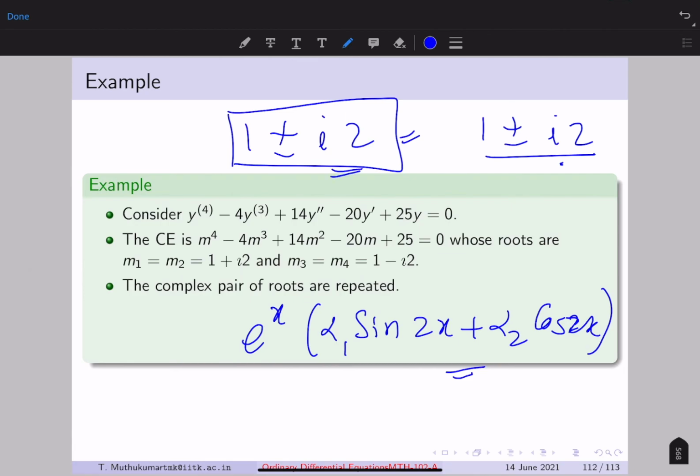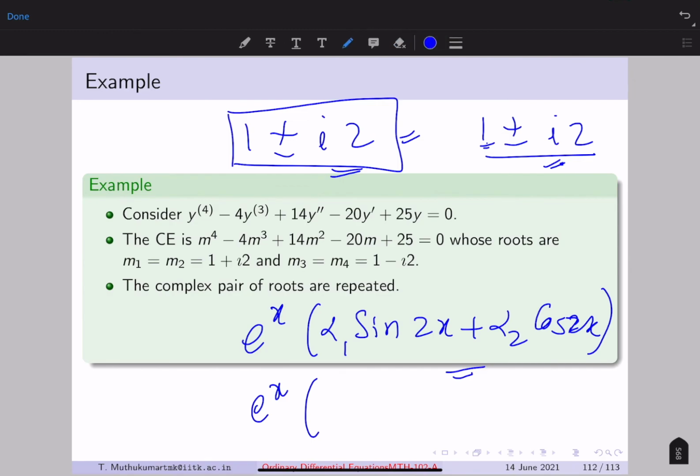So what you do, you choose the same e power ix, but for this you choose a is 1, so you choose e power ax. Here you need to, let's say, in this case beta or something, some other scalar, right? Whatever it is, but you need to multiply by x.